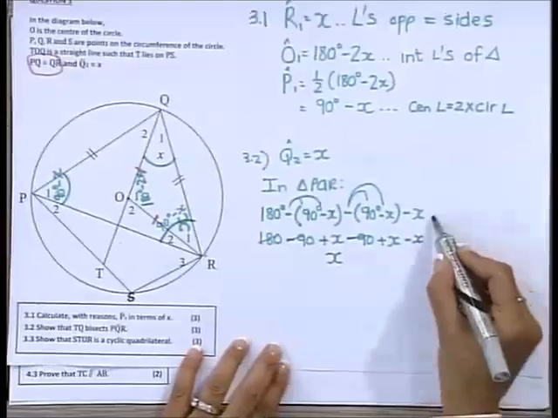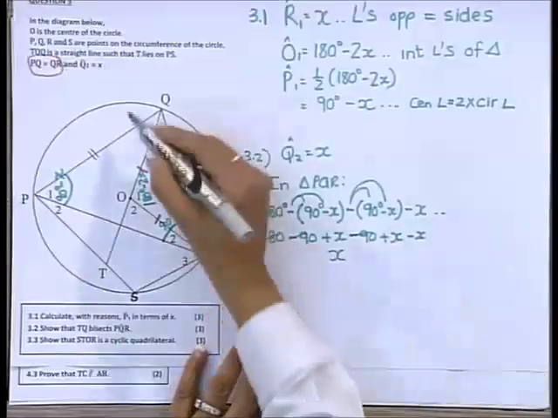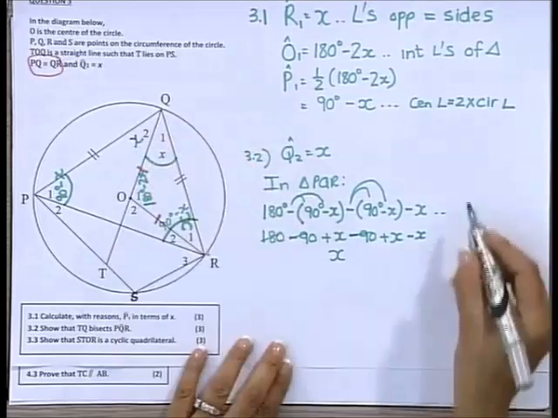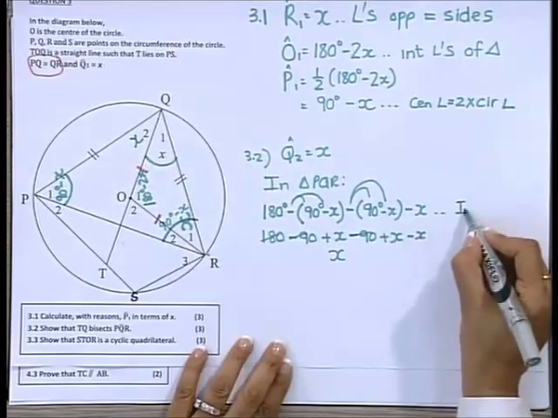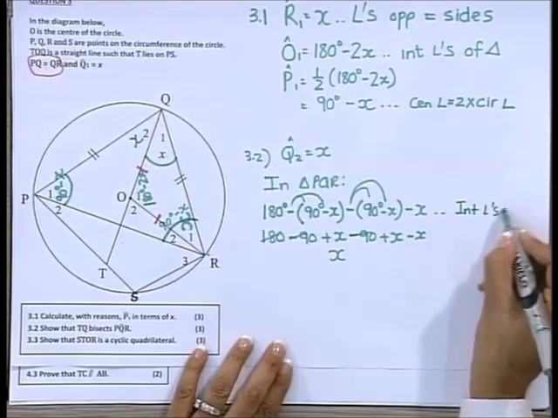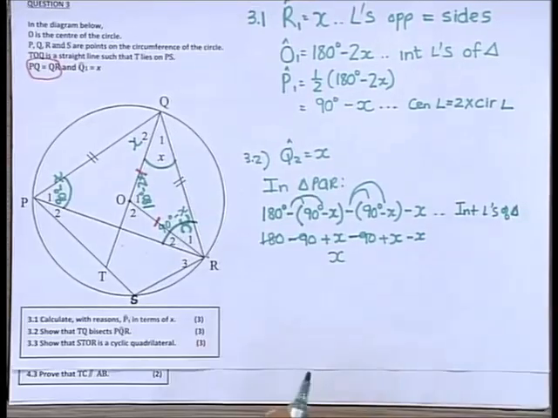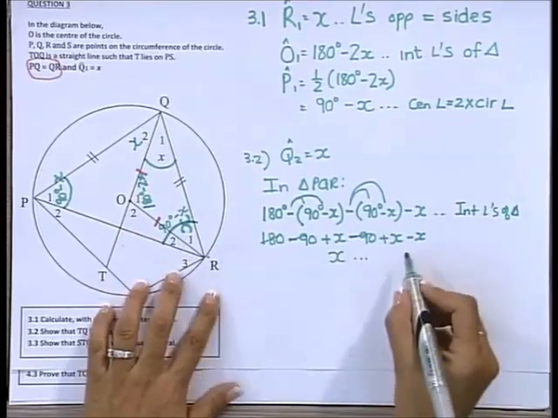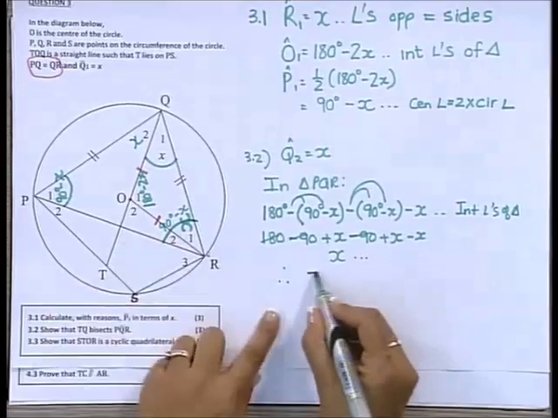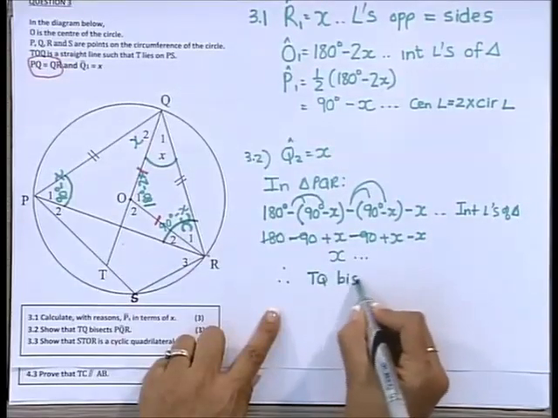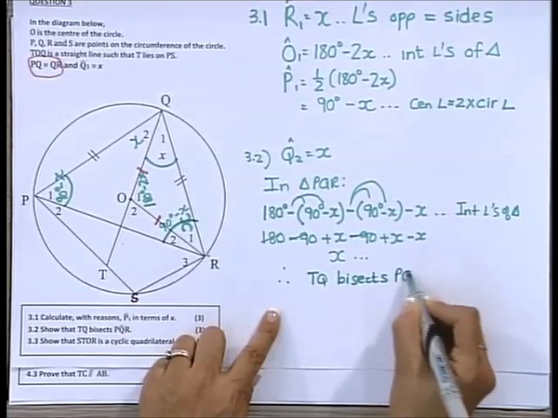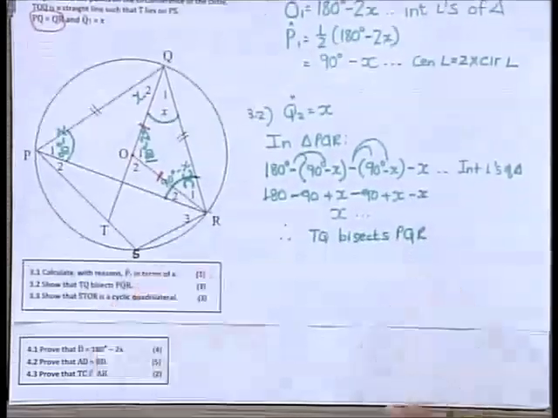Oh my goodness, I have just proven that this angle is equal to x. Can you see? This is the interior angles of a triangle. So if Q2 is x, thus TQ bisects PQR. Are you happy with that, everyone?